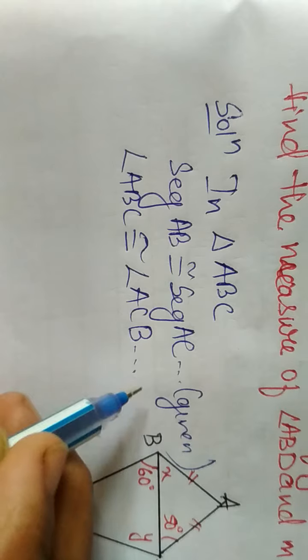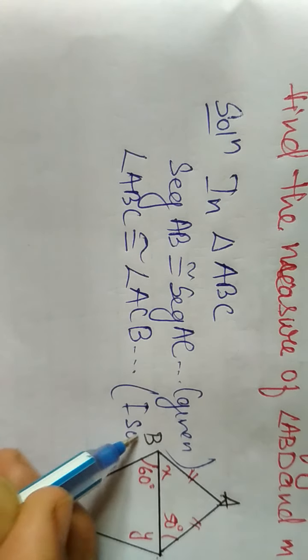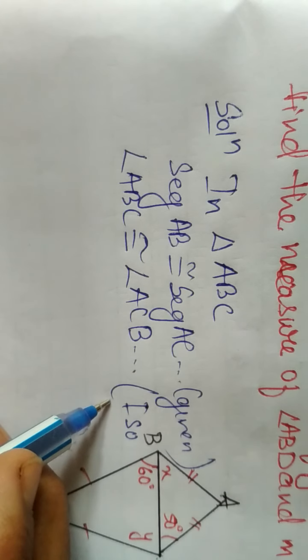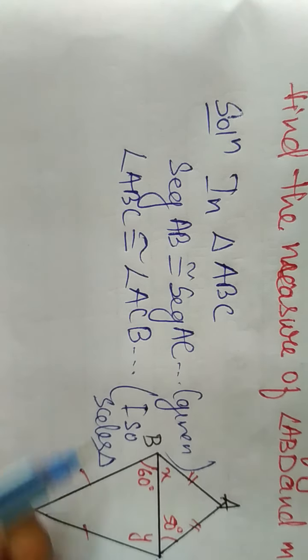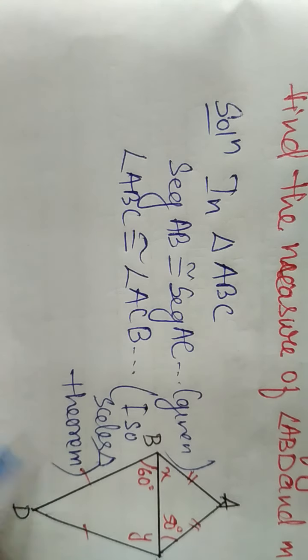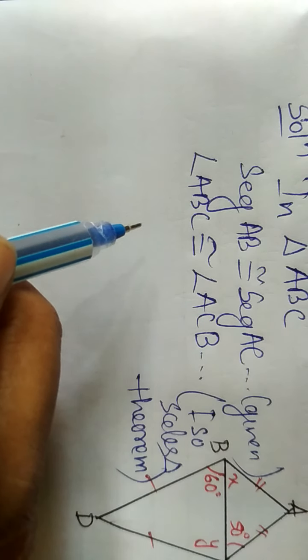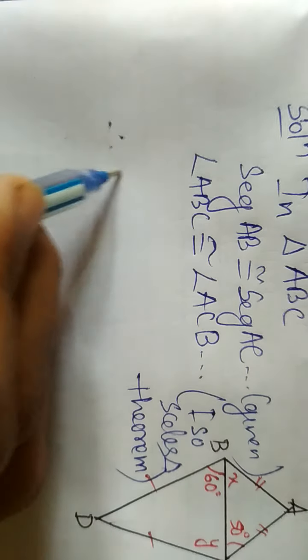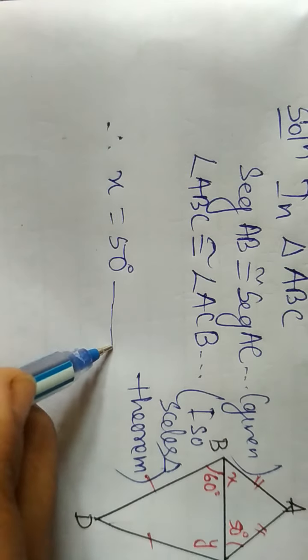Why? Because it's an isosceles triangle, by the isosceles triangle theorem. Then angle x will be equal to 50 degrees. Put it as equation 1.